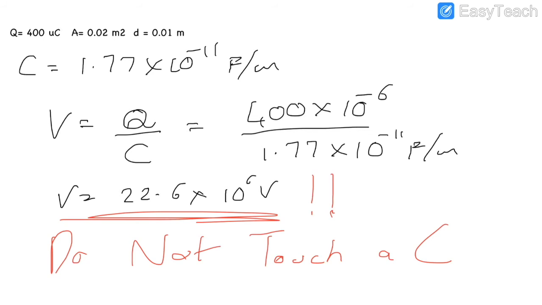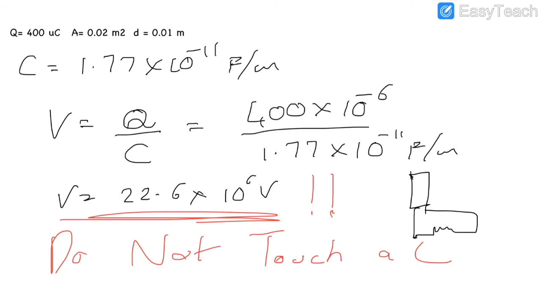If you see a capacitor lying around, you would first want to hook up a voltmeter and read the voltage across it. If it's a dangerous voltage, all you have to do is remove the voltmeter and connect a resistor across it.